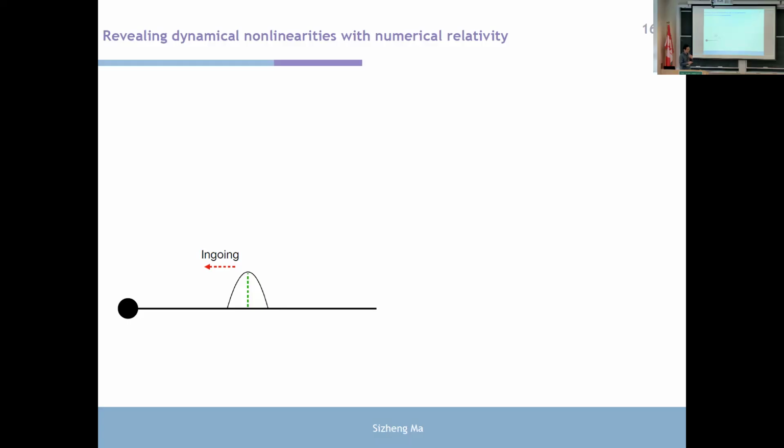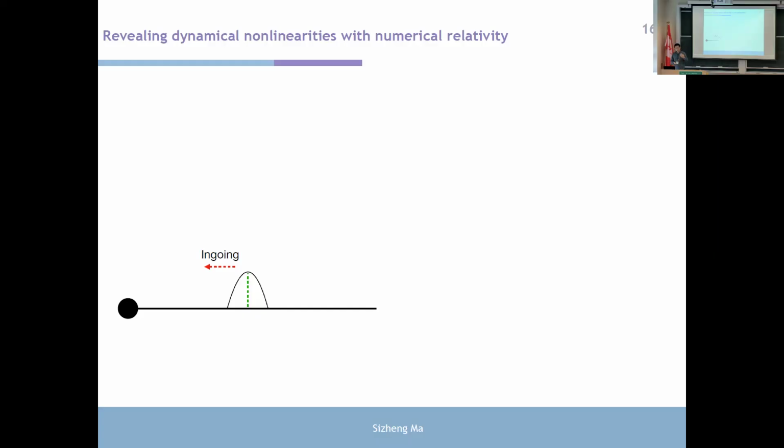The nonlinear interaction always happens within the scattering timescale. And after that timescale, the system quickly transitions to the linear ringdown stage. So for our purposes, we would like the nonlinearity to happen over a longer timescale. This is something that initial data itself cannot really handle.